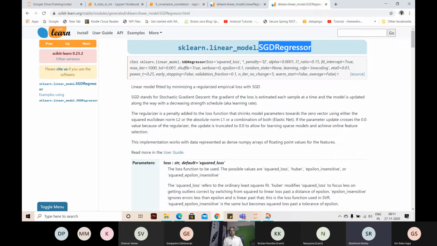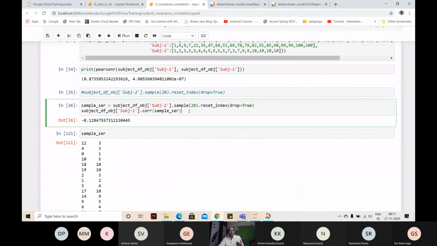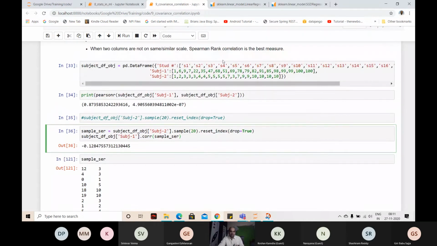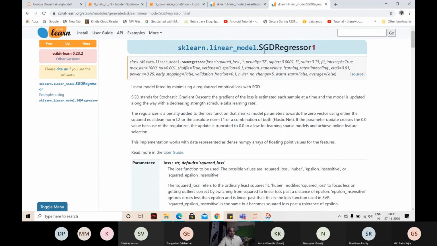So p-value is not going to be there forever. We are just trying to understand the statistical concepts, inferential statistics, and how exactly it is working, and how statisticians were able to do these predictions or feature importances historically. When you look at SGD classifier or SGD regressor, there will be a concept called regularization, which tries to find out the important features.